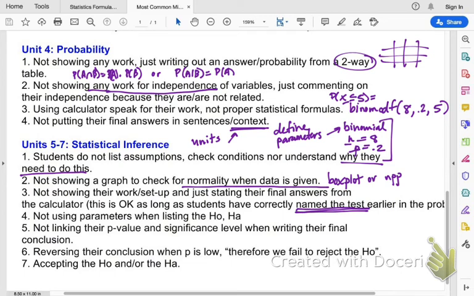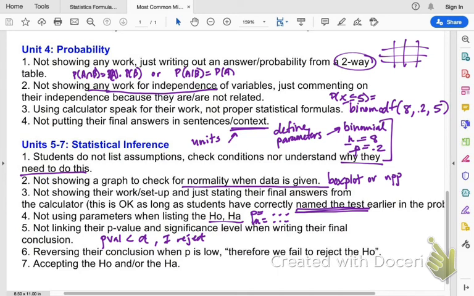Not using parameters when you list your null and your alternative. So p equals, mu equals. We already talked about that. Not linking the p-value to the significance level when writing their conclusion. If you stick to the script, so since the p-value is less than alpha, I reject, then you're good to go.